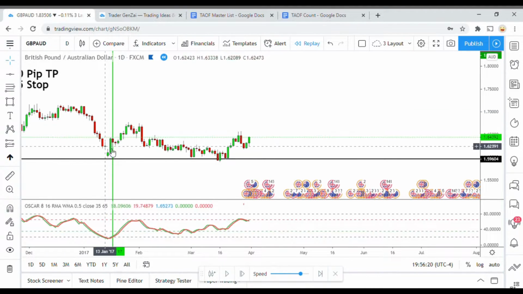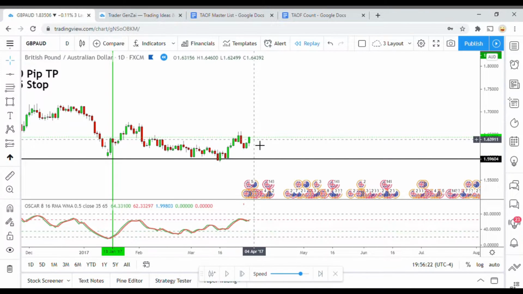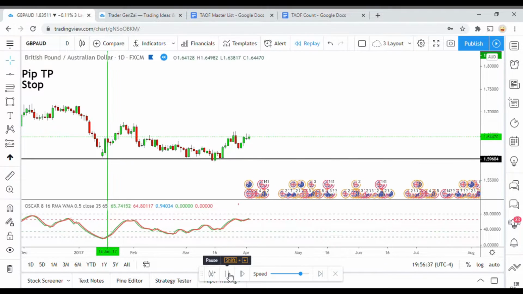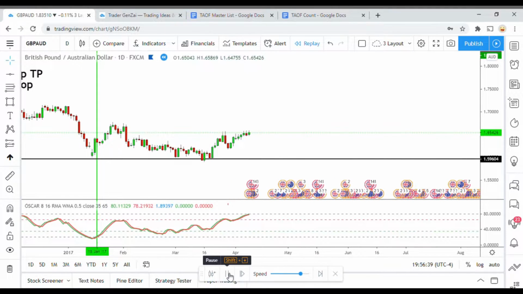Now that it's come down, consolidated quite a bit, it's come up, pulled back, it's probably going to continue to try to make some highs here. We did get a short signal right here, and these signals are super hard to see. Let's see what it does.